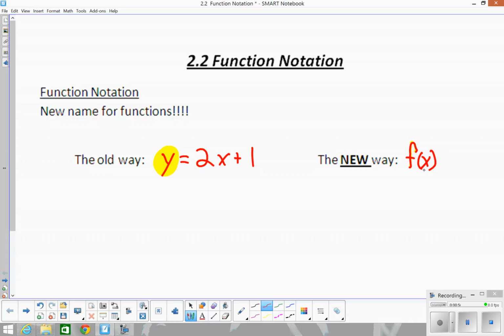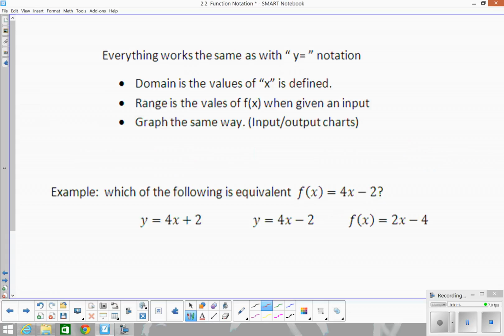That's read as f of x, meaning the function evaluated at x. It does not mean f times x. So we rewrite it with f of x instead of y, and it's just going to be equals 2x plus 1. It's the same thing. All we're doing is changing one aspect. Now everything's going to work the same as y equals.